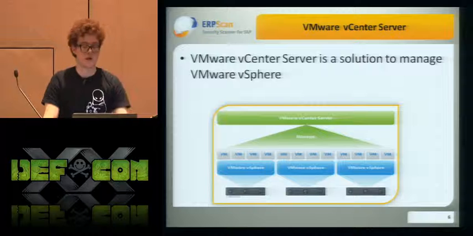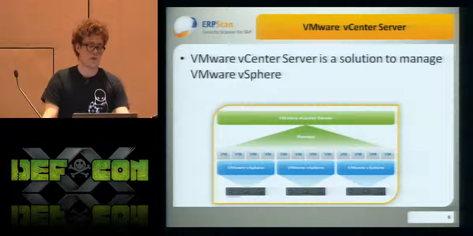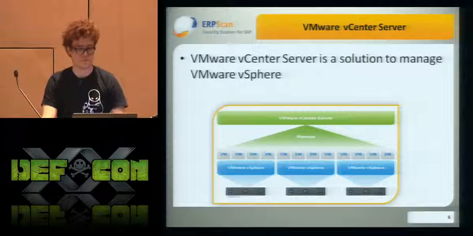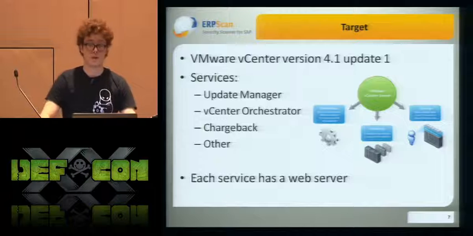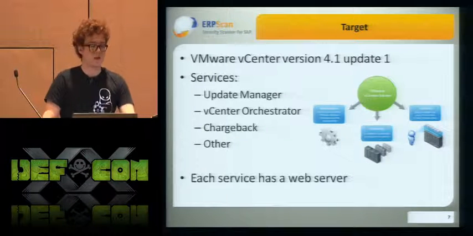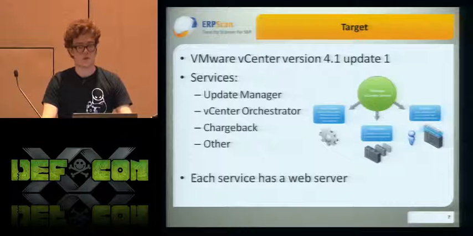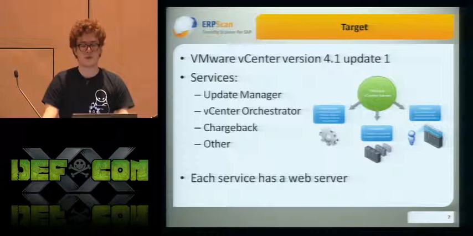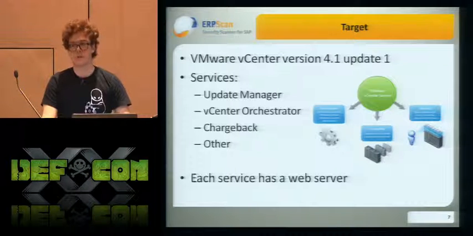So if we can hack vCenter, we can hack all VMs and all infrastructure. We had vCenter version 4.1 update 1. There are a lot of services on vCenter, like Update Manager, Orchestrator, Chargeback, and each service has a web server and usually uses Java technology.